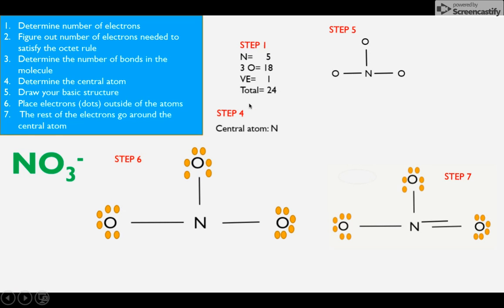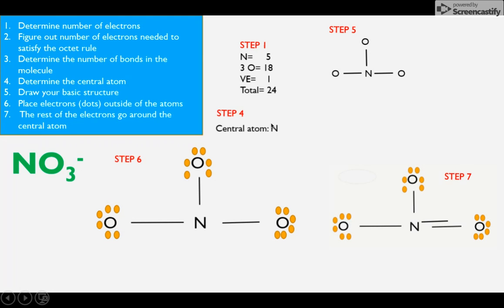So now you have to figure out the number of electrons needed to satisfy the octet rule. So here we have 2, 4, 6, 8, 2, 4, 6, 8, 2, 4, 6, 8. We also determined the central atom.